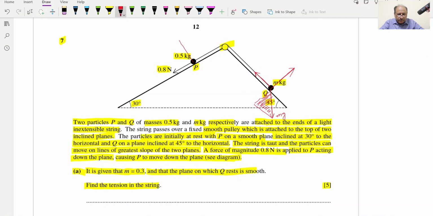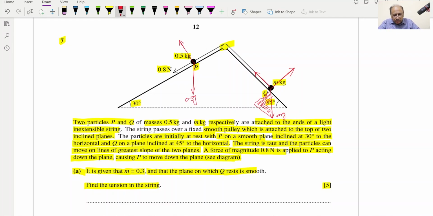There will be a reactionary force on this also, and then the weight will be acting downward, and this weight we can draw as 0.5 g.